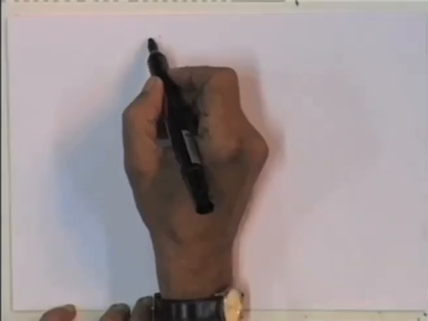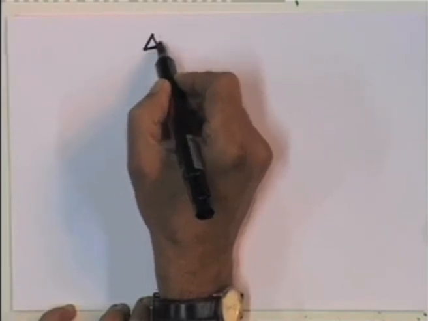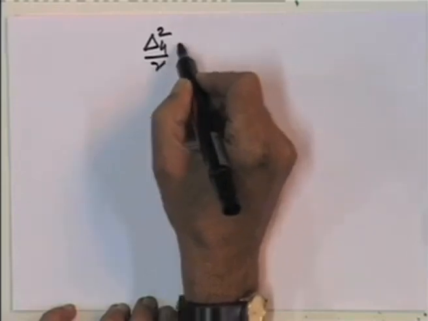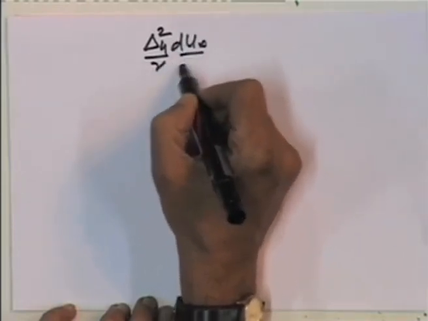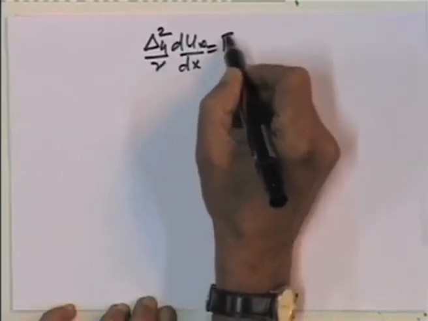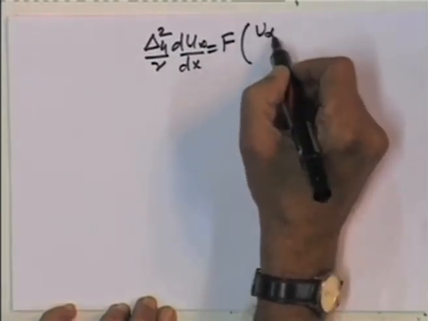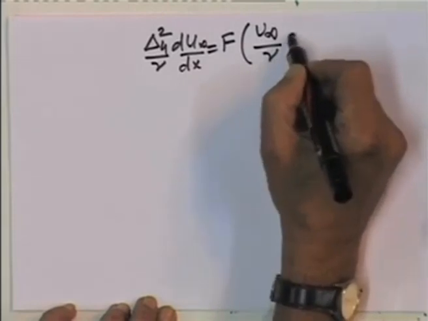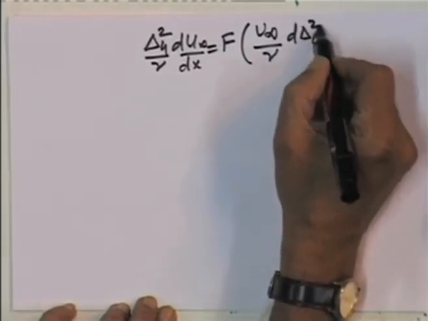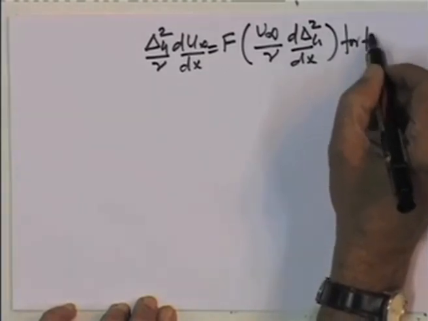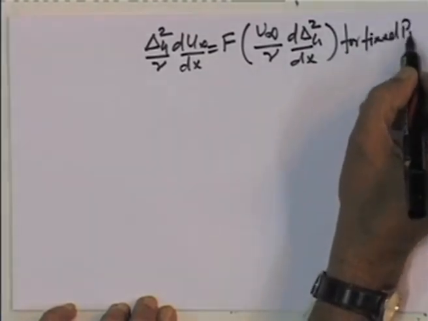For a fixed Prandtl number, conduction thickness squared divided by nu into du infinity by dx is a function of u infinity divided by nu d delta 4 squared by dx for fixed Prandtl number.